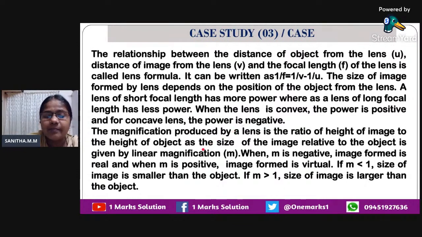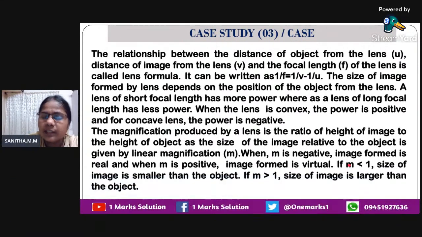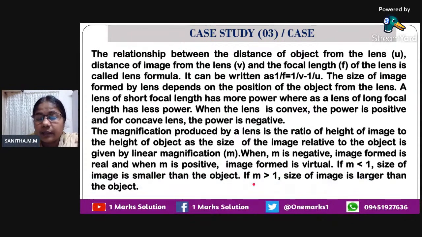The next one is magnification. If it is negative, the image is real. If it is positive, it is virtual. If m is less than 1, the size of the image will be less, diminished. If m is greater than 1, the size of the image will be larger than the object, that means it is enlarged.